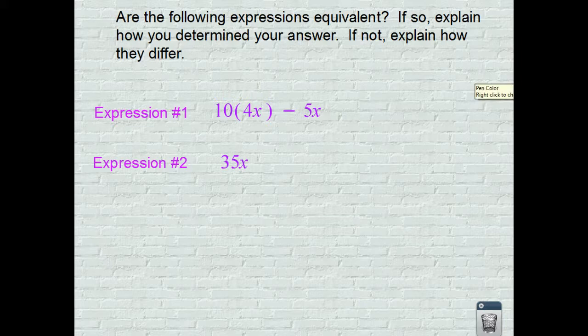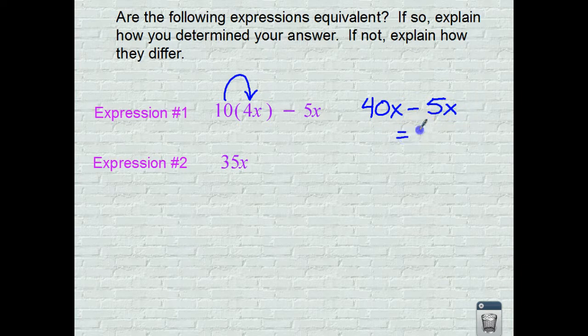All right, using our multiplication, first we have 10 times the quantity of 4x's. So 10 times 4x would be 40x. And then we are subtracting 5x. And 40x minus 5x is equal to 35x.